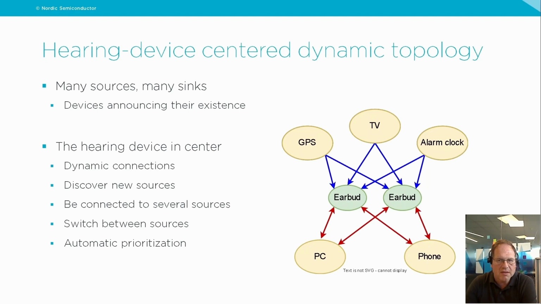The hearing device will be able to pick from all these devices. It will dynamically set up and tear down connections as needed. It will be able to discover new sources. It will be able to be connected to several sources or to switch between sources. And there is also a mechanism for automatic prioritization based on the context types of the available audio.